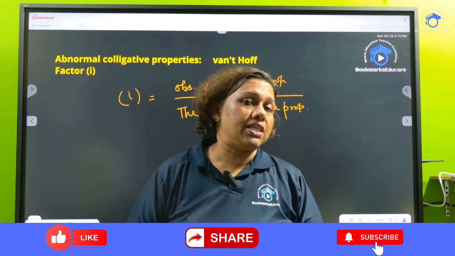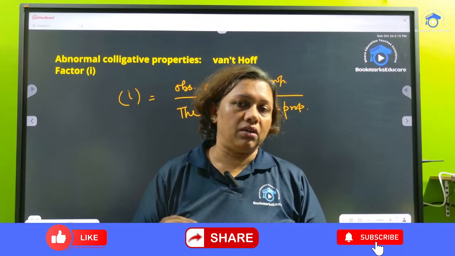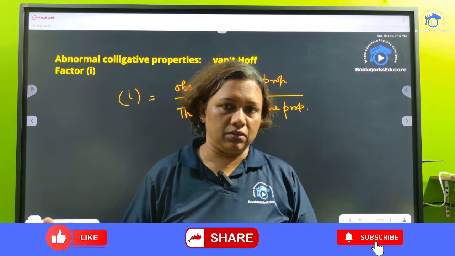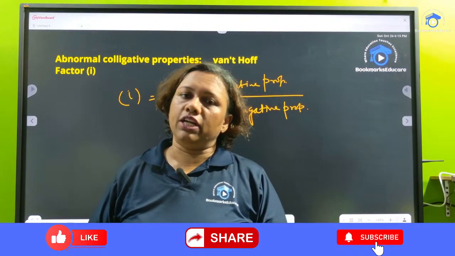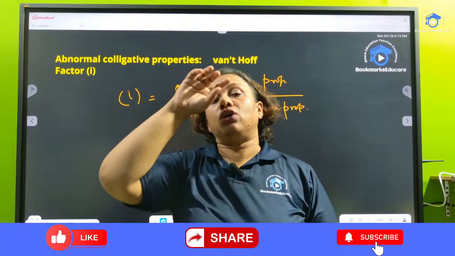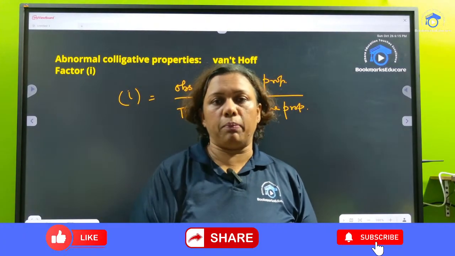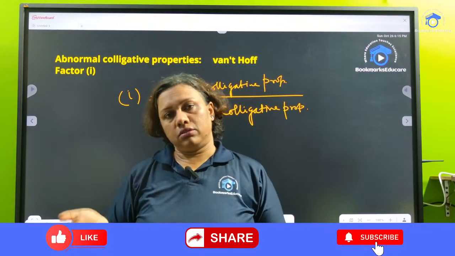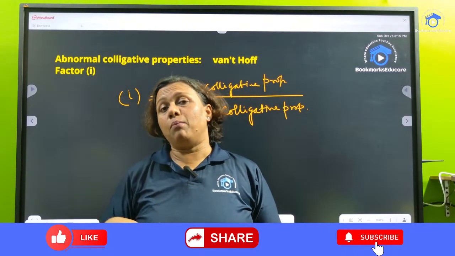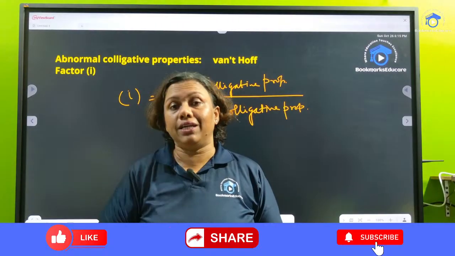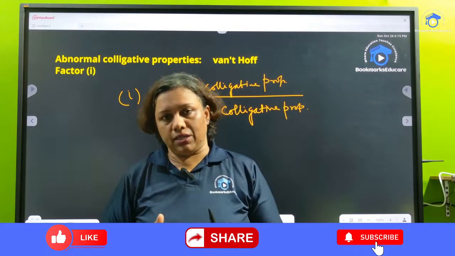If solute dissociates, that means one solute will impart different number of particles and different effect on colligative properties, because we know that colligative properties depend on the number of particles, not the nature of the particle. And if the solute associates, then number of particles will decrease. That means effect will decrease.